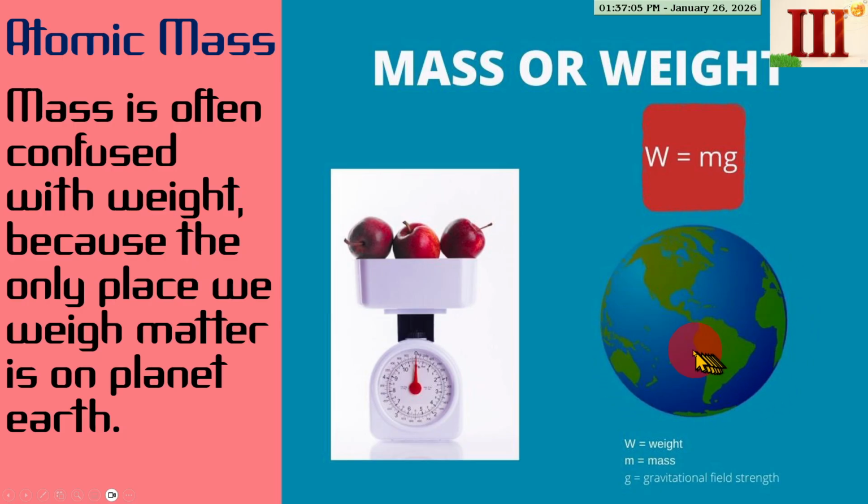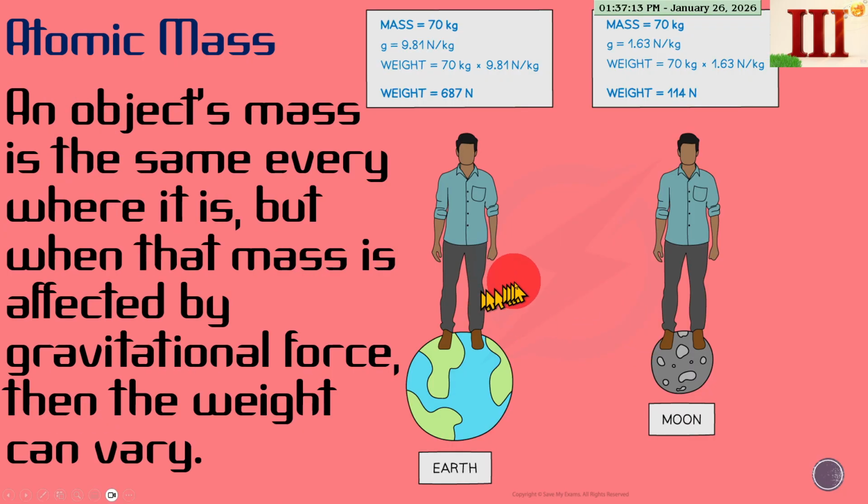Now there are differences in altitudes, and at lower depths, but if you were to go onto the moon, an object's mass is the same no matter where it is. Weight is affected by the gravitational force, and that can vary depending on where you are.